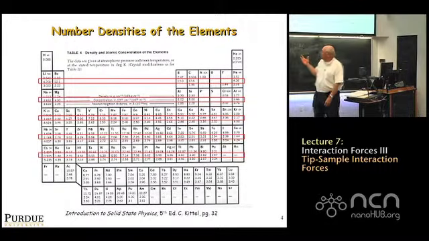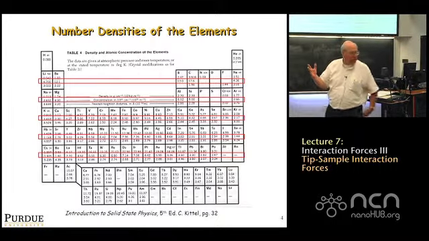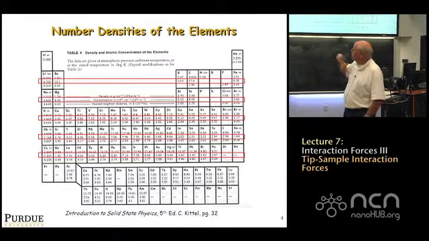I just wanted to say it's sometimes hard to find these number densities for different elements. There's a very well-known solid state physics textbook written by Kittel. I think it's in its 8th or 9th edition by now, but I have the 5th edition.